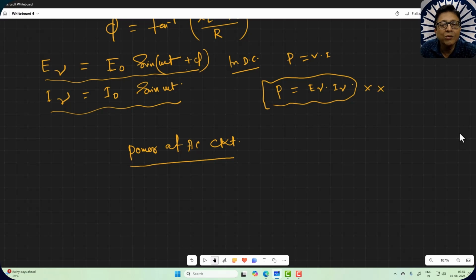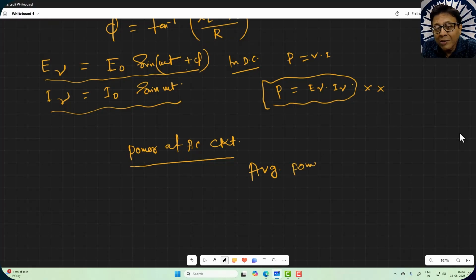We want to calculate the average power dissipated in an AC circuit. Instantaneous value doesn't help because over a given time interval we have to calculate average power, and that we can do over a complete cycle.